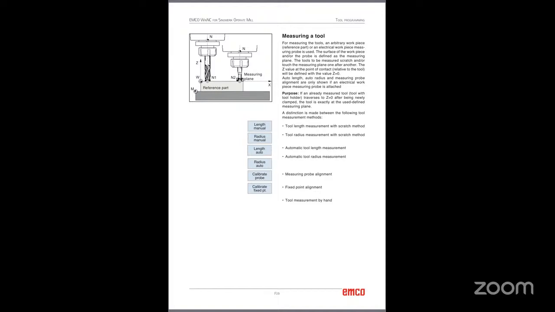Automatic tool measurement means install the tool probe, run the tool measurement cycle. Machine tool will touch the probe. So automatically tool length, radius, everything will be saved into the control.